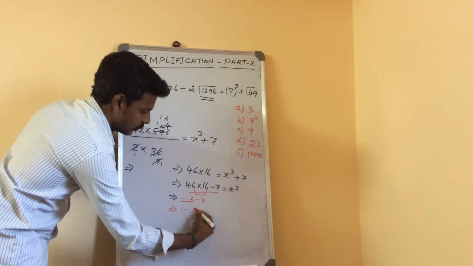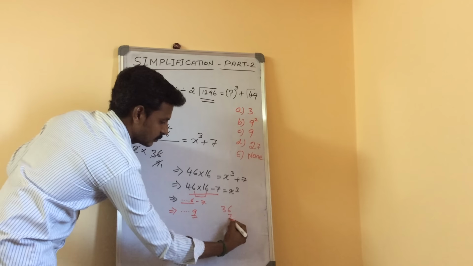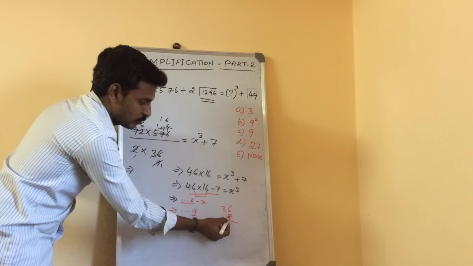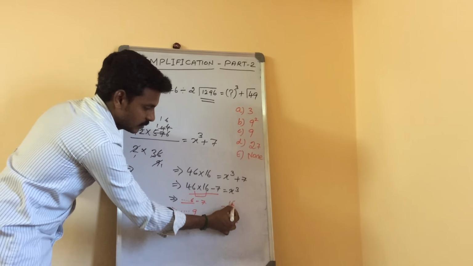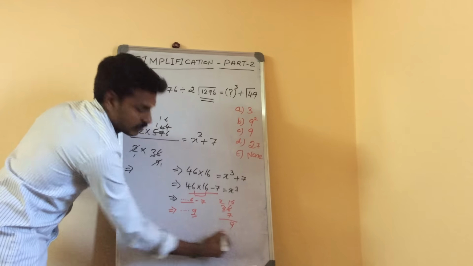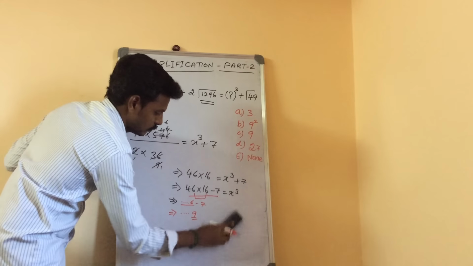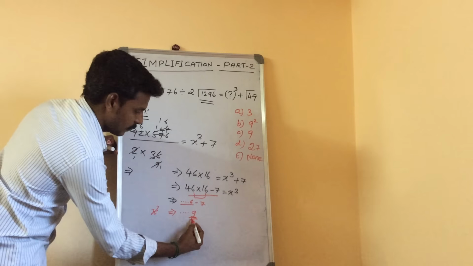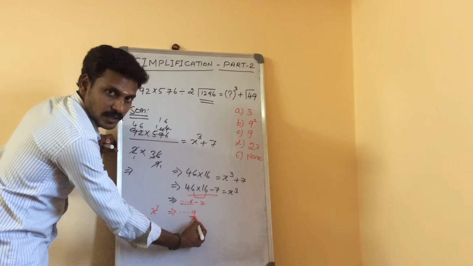That will be 9, because take the example of 36. If you subtract 7 from 36, what will be the answer? 29, so the last digit is 9. So the value of x cube ends with 9. The last digit value is 9.